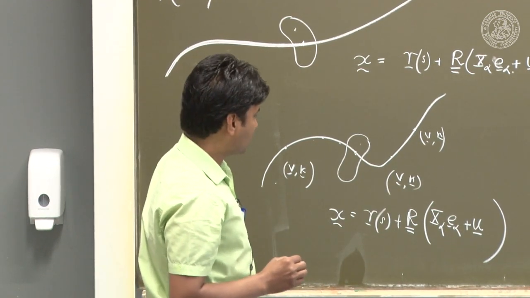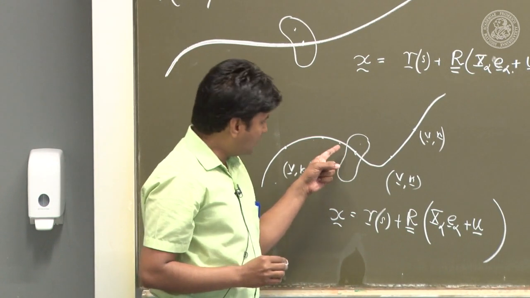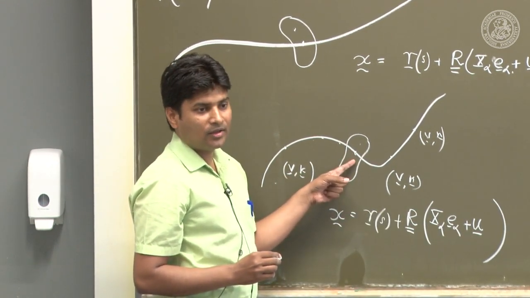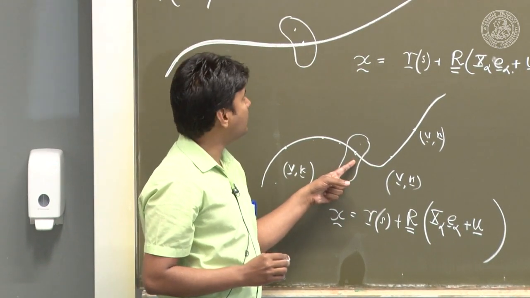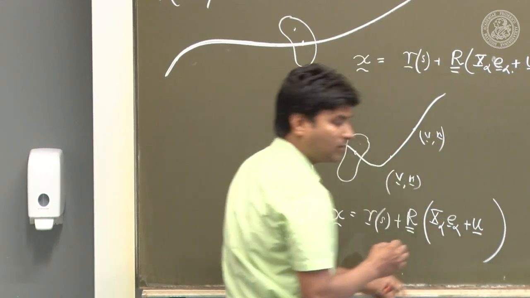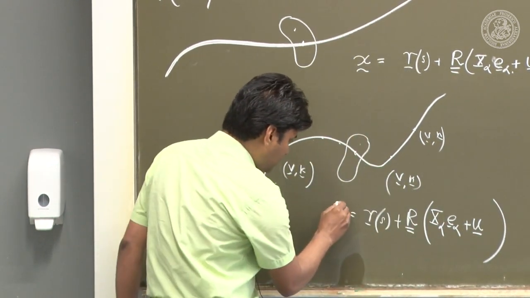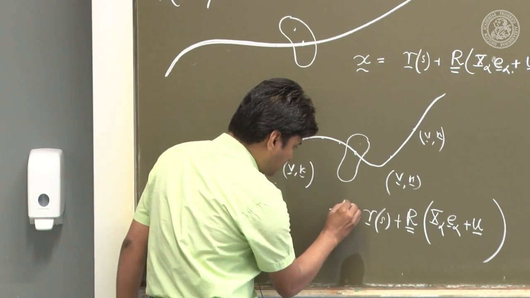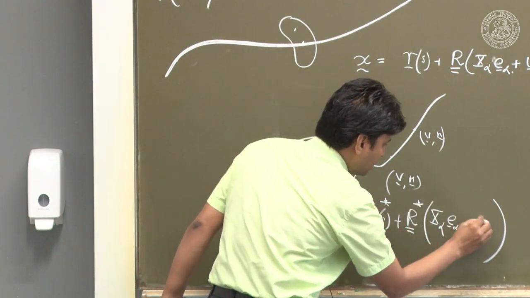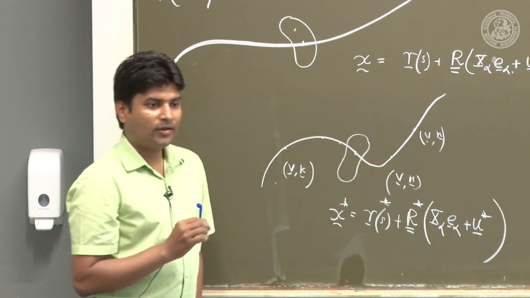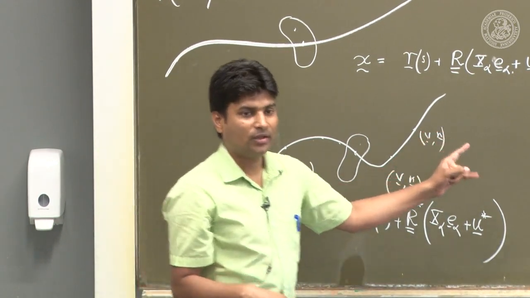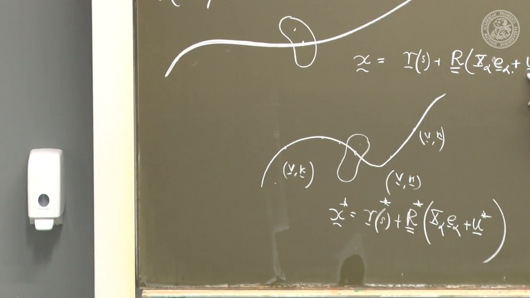So, but you see this extra warping that you have here won't be the same as the extra warping that you have over here. So, this u, maybe you can call it x star, r star plus big R star plus u star for the star problem in which we have same v and k everywhere. So, this u star won't be the same as the u over here.